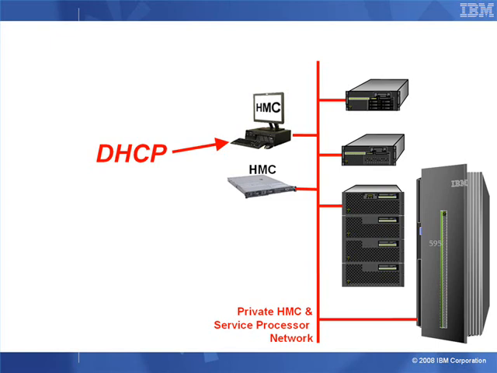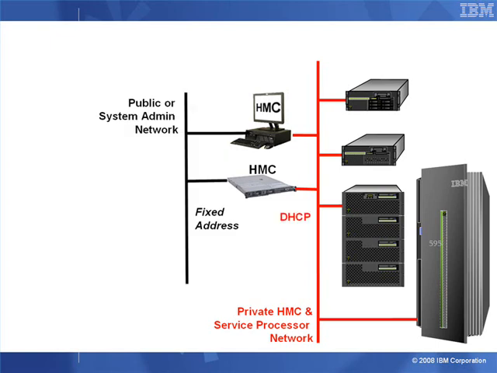On the HMC you can choose the range of addresses that it will serve out, but it is a private network. You don't normally connect this to your backbone hub within your computer room. Then you also want to access the HMC from your desk, and this could be either a sort of public network within your company or a systems administration type network.